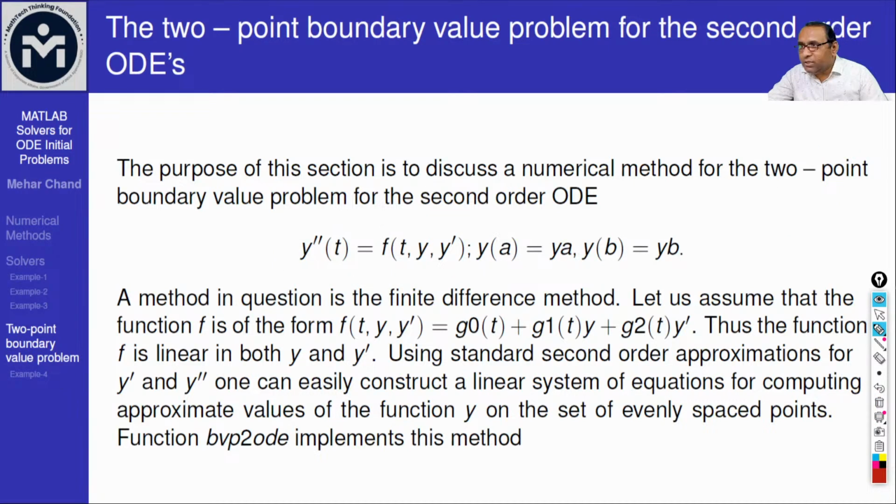So the method in the question is the finite difference method. It is a technique which I think you have studied in numerical methods. This method is completely based on that, but here we are dealing with the computing part. So I am not able to expand the complete finite difference method.